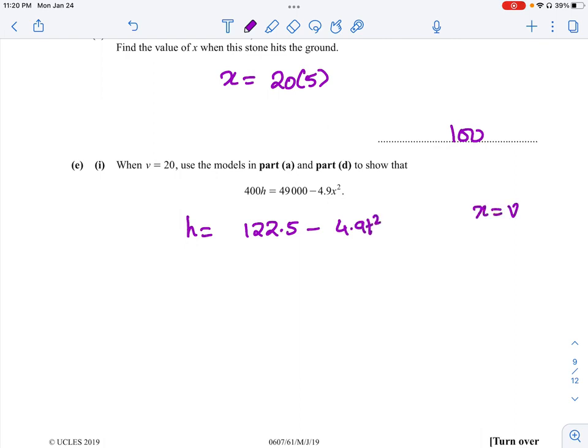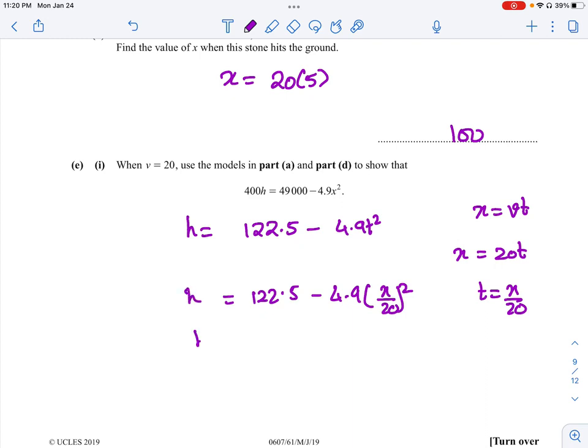We know that x is equal to vt, x is equal to 20t, so t equal to x upon 20. So 122.5 minus 4.9 times x upon 20 whole square. So h equals 122.5 minus 4.9 x square upon 400.